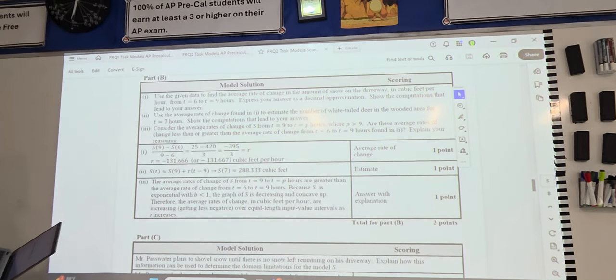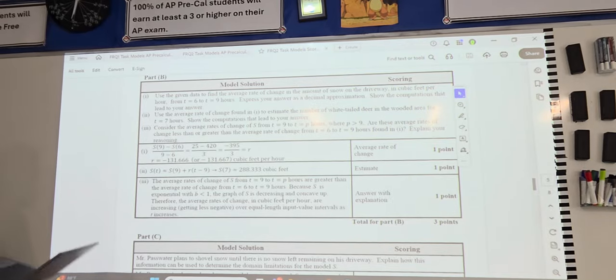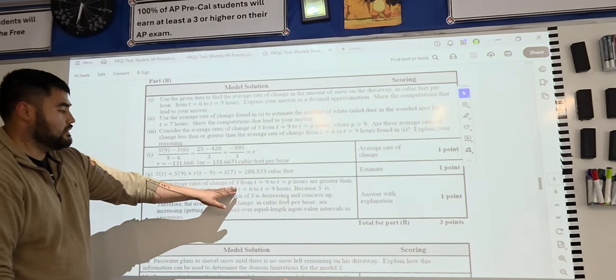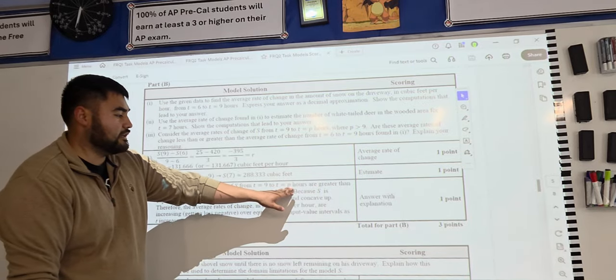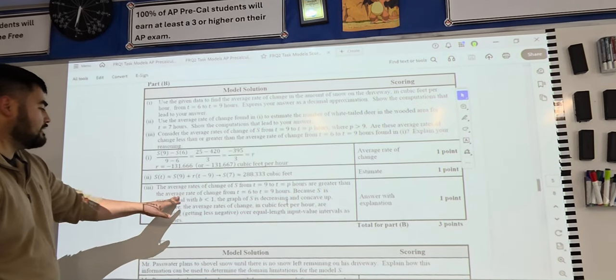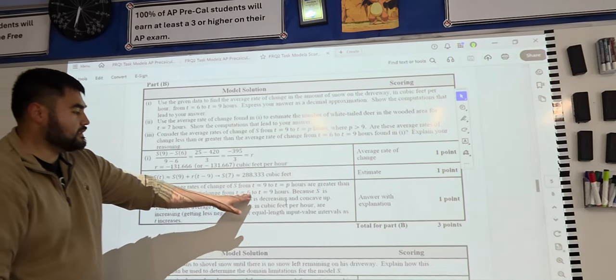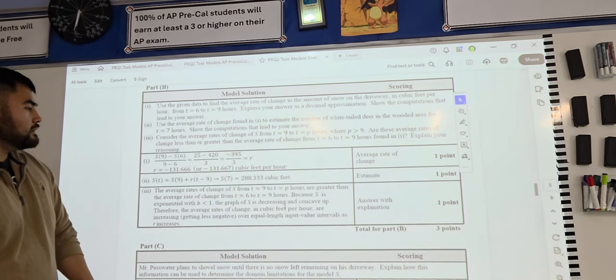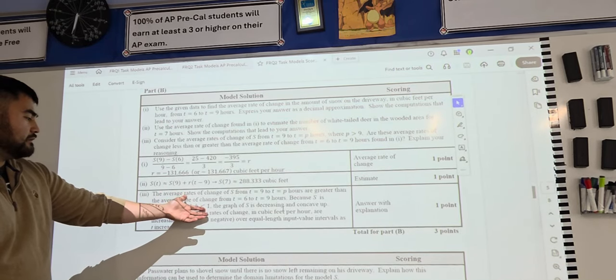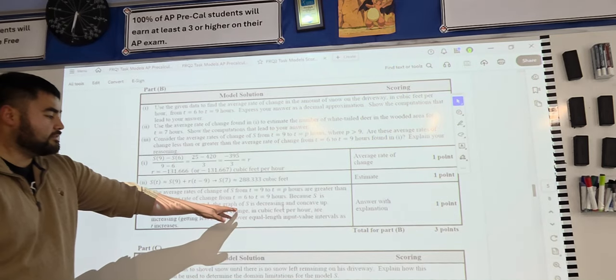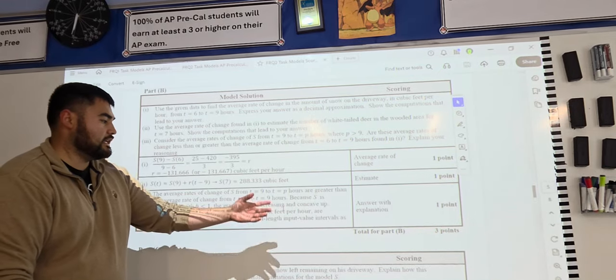So I'm just going to read out the answer. It says the average rate of change of S from t equals 9 to t equals anything greater than 9 is greater than the average rate of change from this secant line. Because S is exponential with b being less than 1, the graph of S is decreasing and concave up.